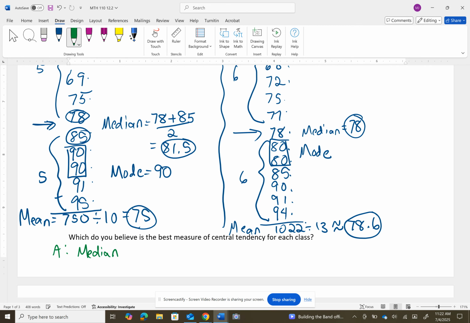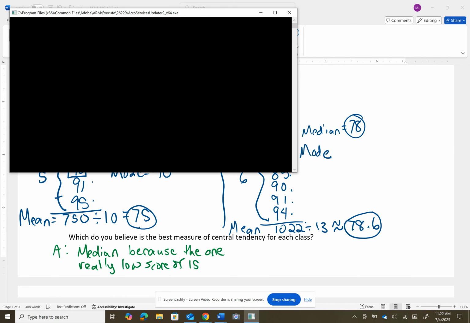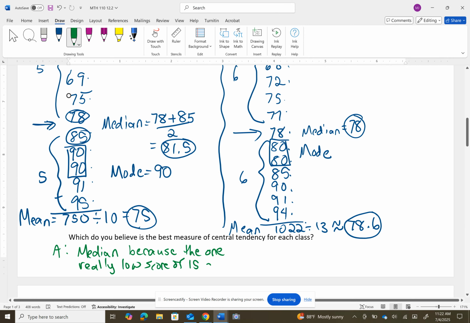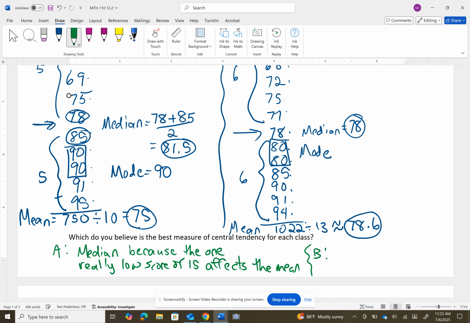And that's because that one really low score of 15 affects the mean.